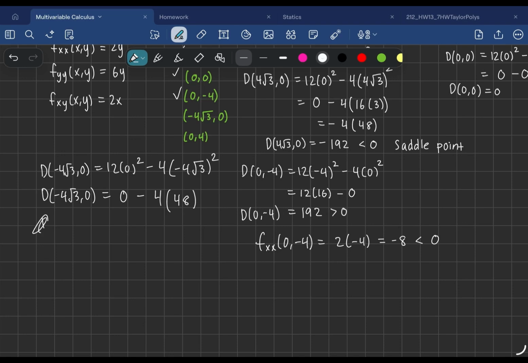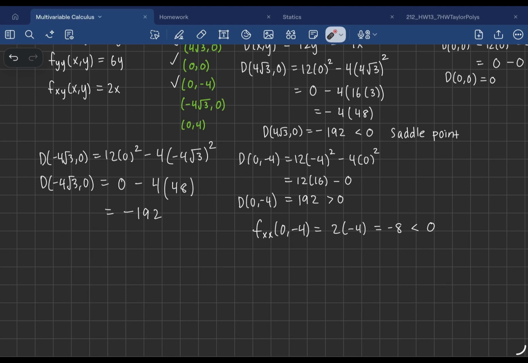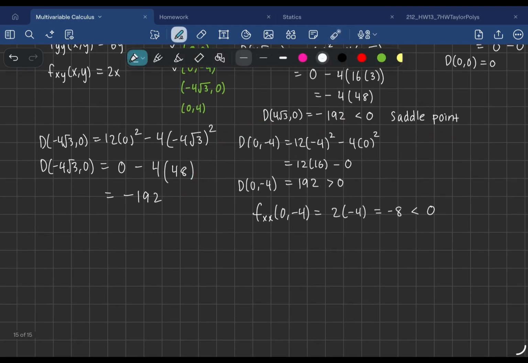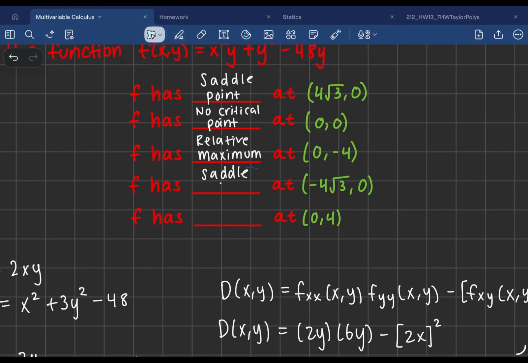So let's just write here, this is going to be equal to negative 192. And we get that this is the same as this one, which also means that it's a saddle point because it's less than 0. So let's write that here. It's a saddle point. Or we can just write, it has a saddle. It's the same thing.